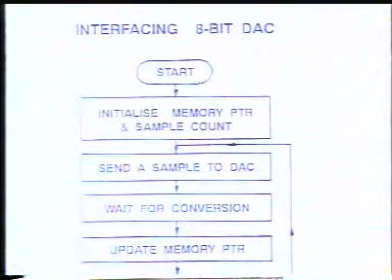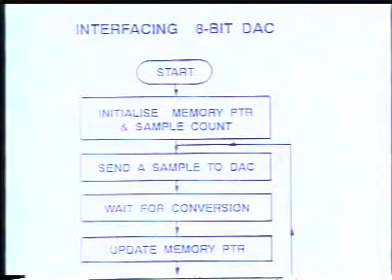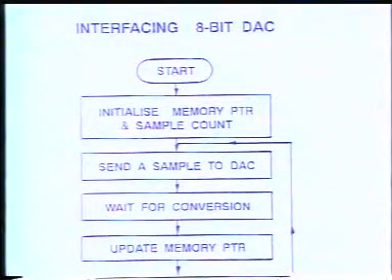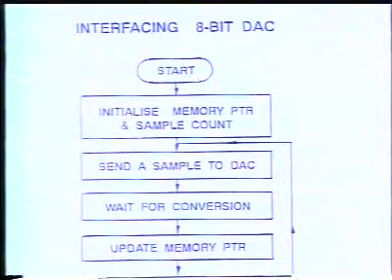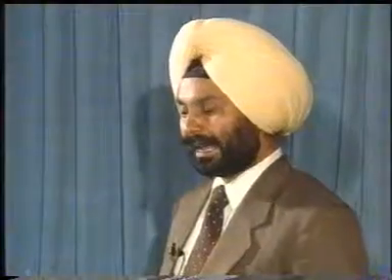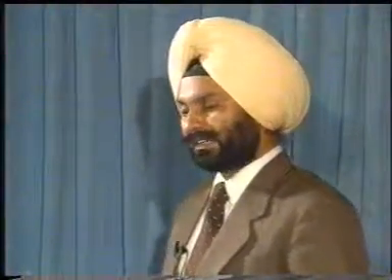So we initialize the memory pointer to point to the first sample lying in the memory, and the total number of samples to be converted. Next is to read the sample from the memory and send it to the D to A converter, then wait for the conversion. That means we should know the conversion time, and we wait for that much time, and then we update the memory pointer so that it points to the next location where the next sample is to be picked up.